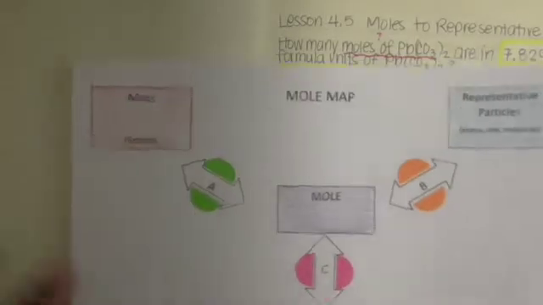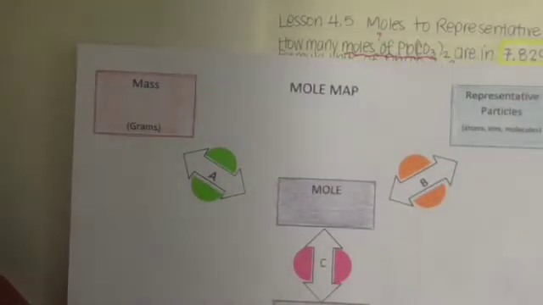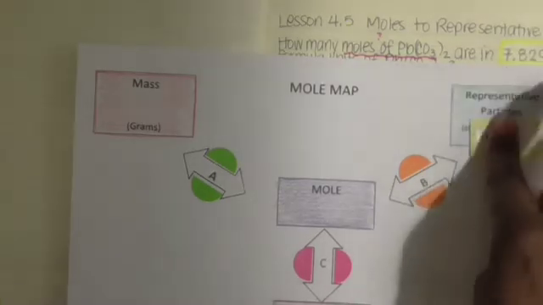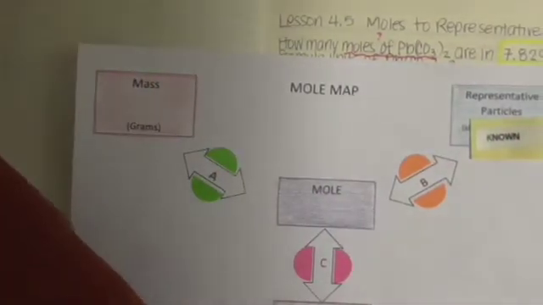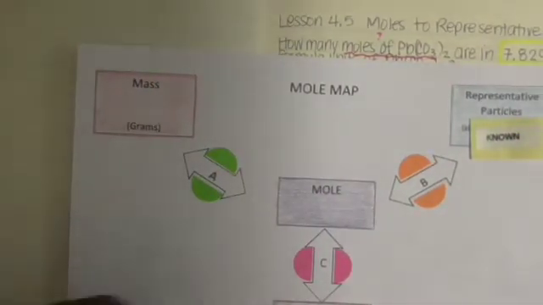So we're going to go to our mole map. Our known this time was the number of representative particles, because formula units is considered a representative particle. And we are going all the way to unknown.